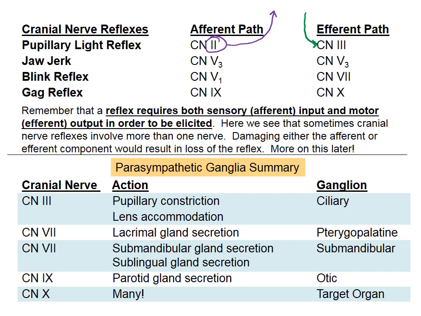Okay, the jaw jerk reflex, you're going to tap on the lower mandible. Generally you put your thumb on their lower mandible, then you tap that thumb. Now you're going to have an afferent path up into the central nervous system via cranial nerve 5, specifically through that mandibular branch.